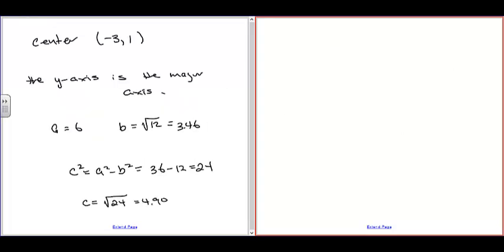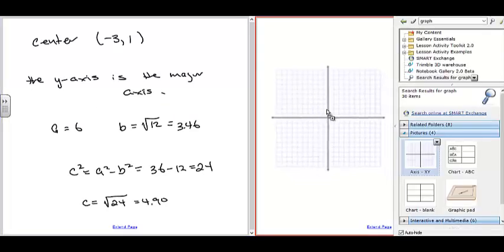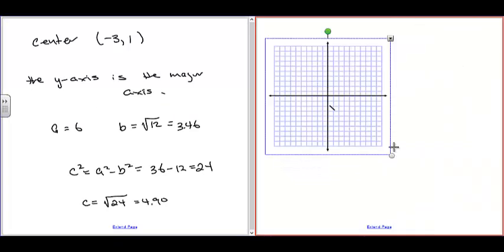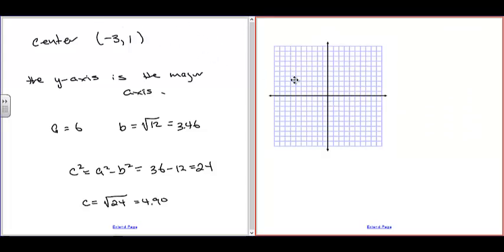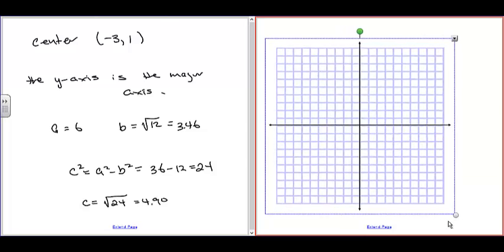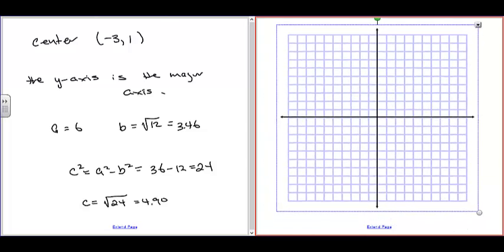Okay, so now we can do our plot. Because we have a pretty decent major axis, we're just going to plot it with the normal scale. So we'll go from 0 to 10, 0 to negative 10, 0 to 10, 0 to negative 10.